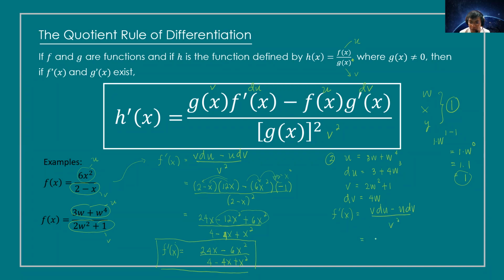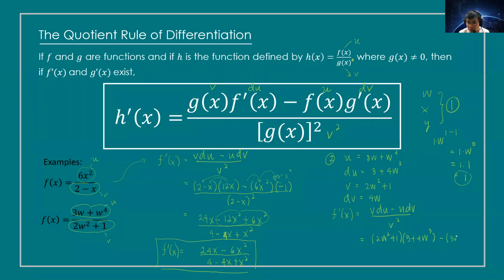So you have here, first is v du, so 2w squared plus 1 multiplied by du, so that would give us 3 plus 4w cubed minus the u parameter.